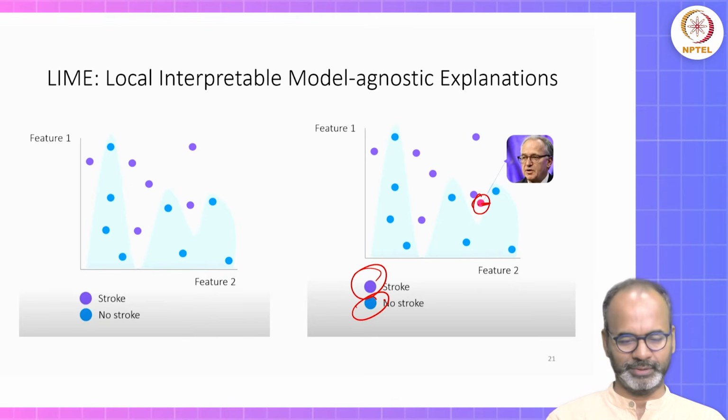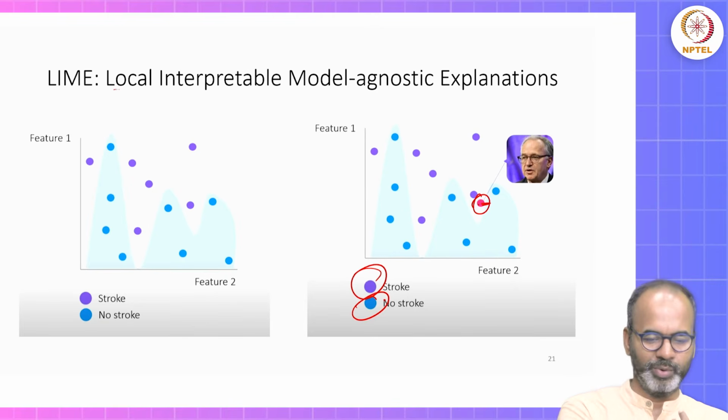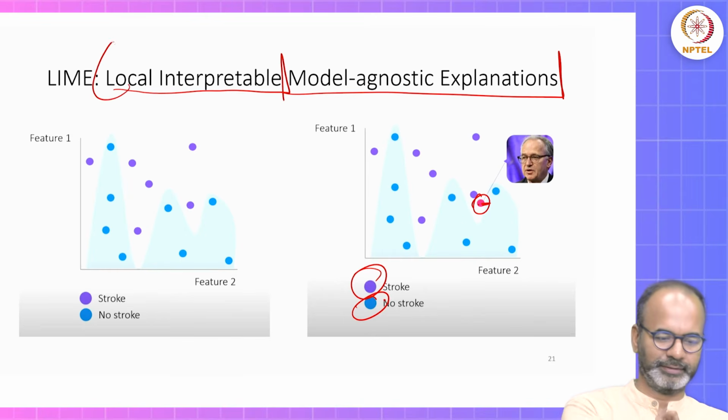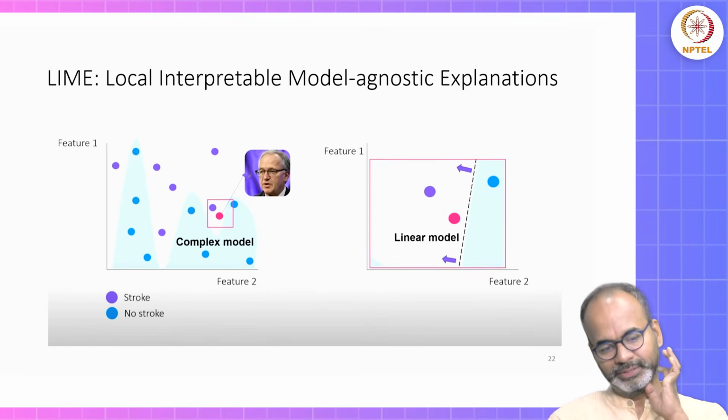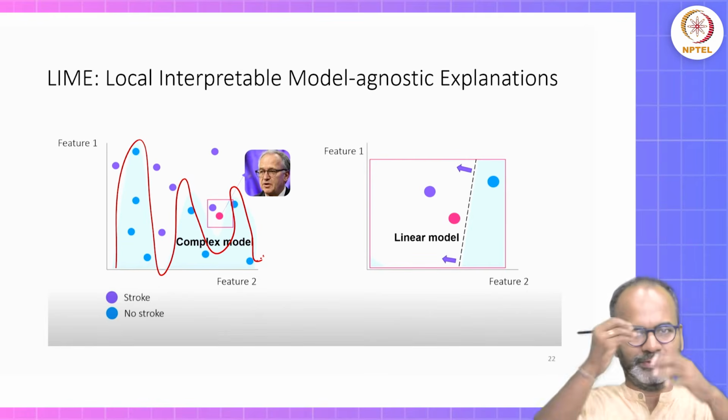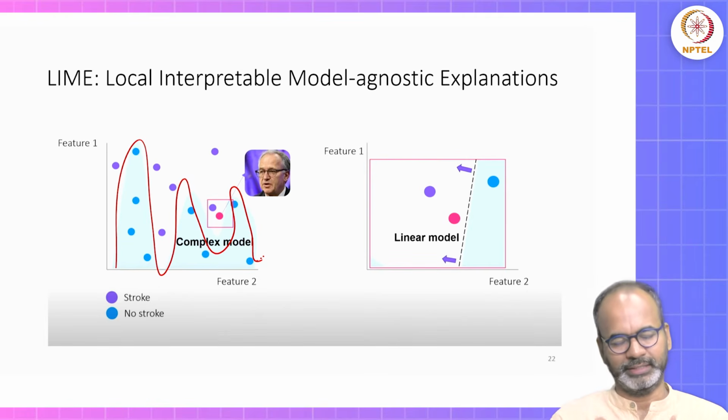That's what LIME is going to help us study, which stands for local interpretable model-agnostic explanations. This is a complex model, right? All the models you could think of for this kind of data will be very complex.